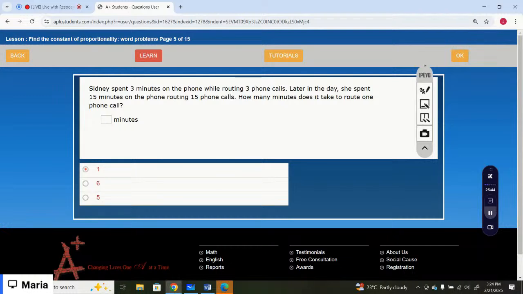Option number 1 is the correct option. That is 1.